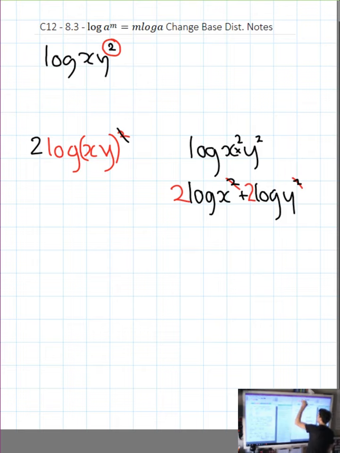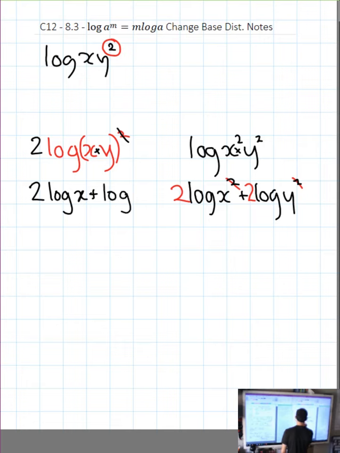Now, if, for example, I were to expand this multiplication into an addition, I have 2 log x plus log y.